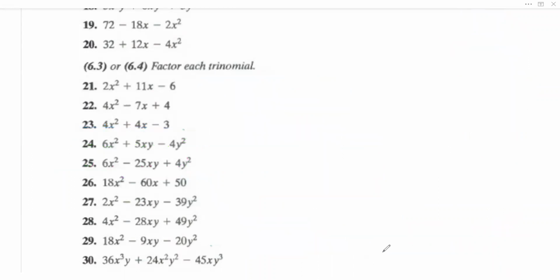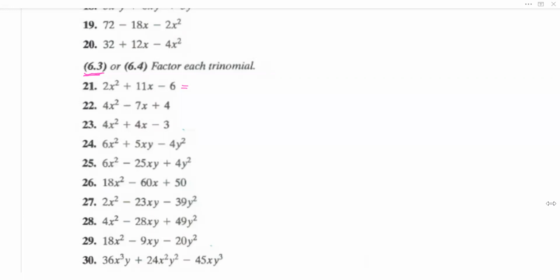Okay, let's see the next section here. Factor each trinomial. So let's see this one first. How do we factor this one? I need one person to give me your answer. Max, can you read the answer to yours?